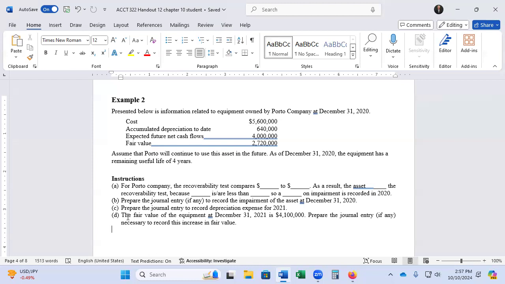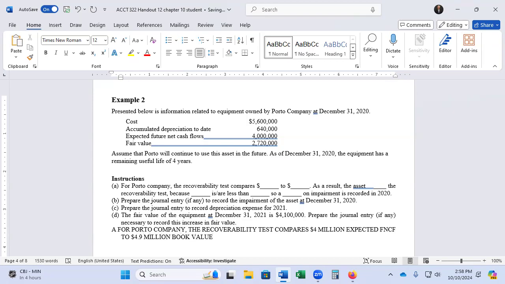Okay, so the instructions, and I took out some of it, so it's kind of in the form of a question. For Porto Company, the recoverability test compares $4 million expected future net cash flows to 4.9 million book value.